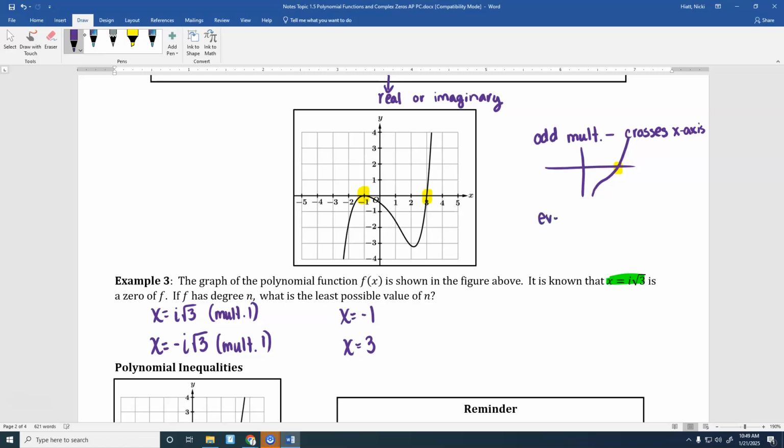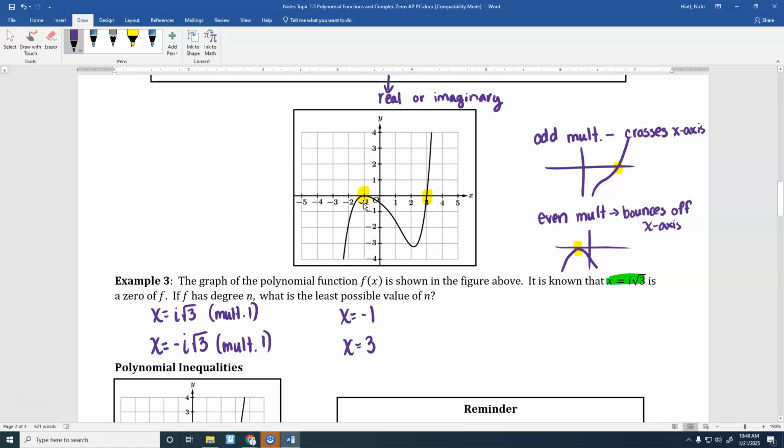For even multiplicity, our graph is going to be tangent to the x-axis, or it bounces off the x-axis. Okay, so at x equals negative 1, Kendall, do I have even or odd multiplicity there?